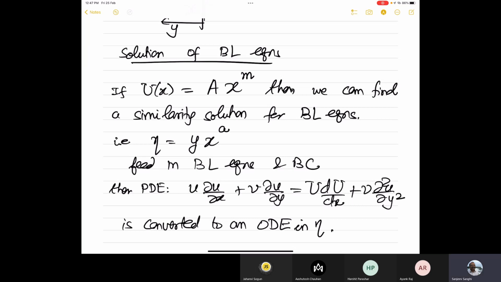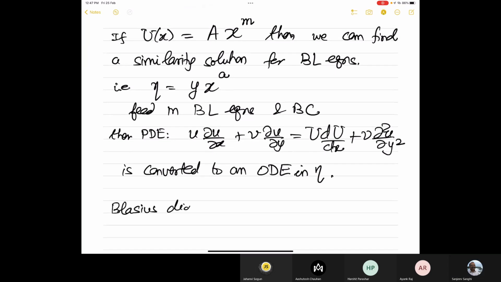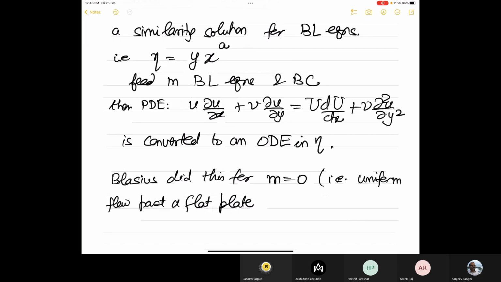And one of the first persons to do this was Blasius. Blasius did this for m equal to 0, that is, for uniform flow past a flat plate, or zero pressure gradient boundary layer.